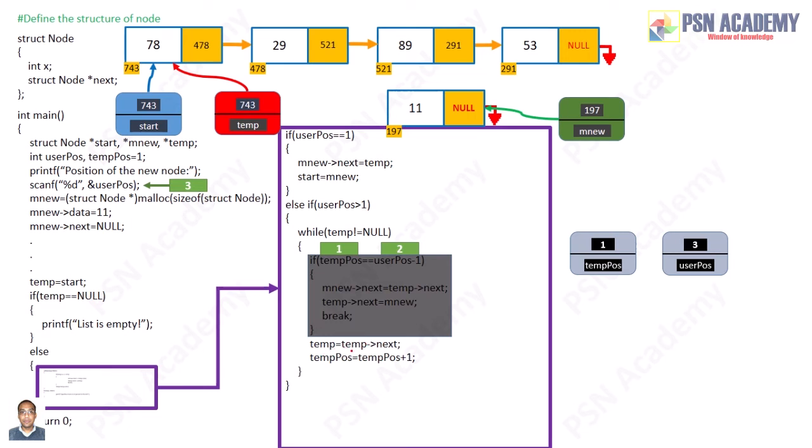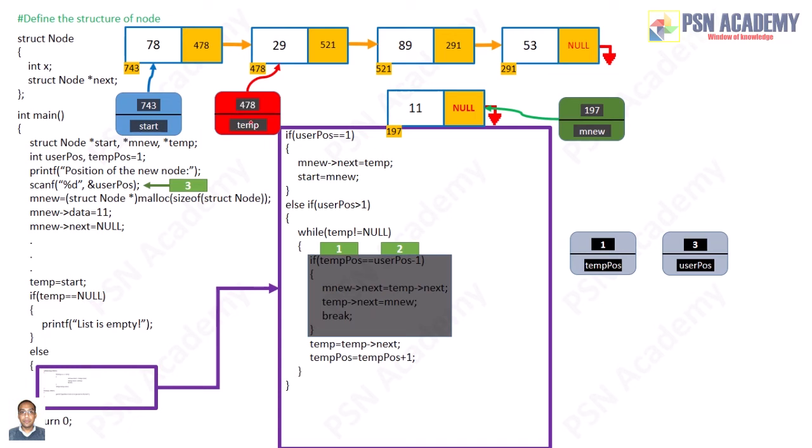Then what should you do? You move the temp to the next node. So load the temp's next, that is 478, inside the temp. Like this. And as soon as 478 is here, this link breaks and this link is established.